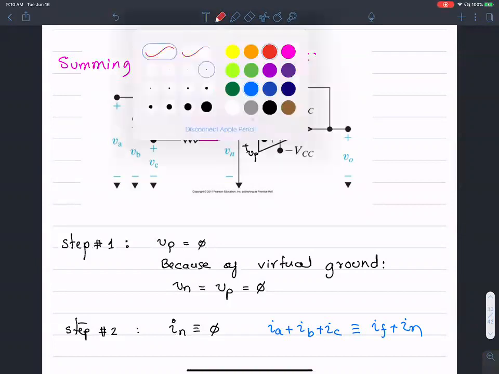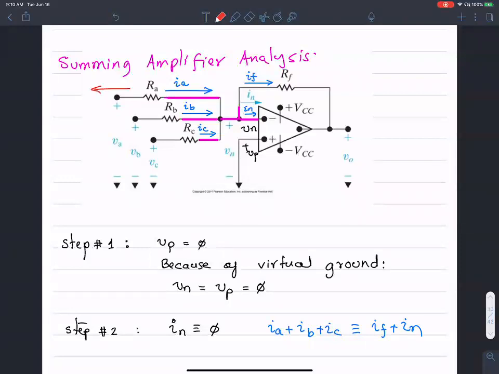Now let's say, just for example, I define the currents in this fashion, all the currents going out. If I call these IA prime, IB prime, IC prime, and IF, then the sum of all the currents leaving, IF plus IA prime plus IB prime plus IC prime plus IN, equates to 0.